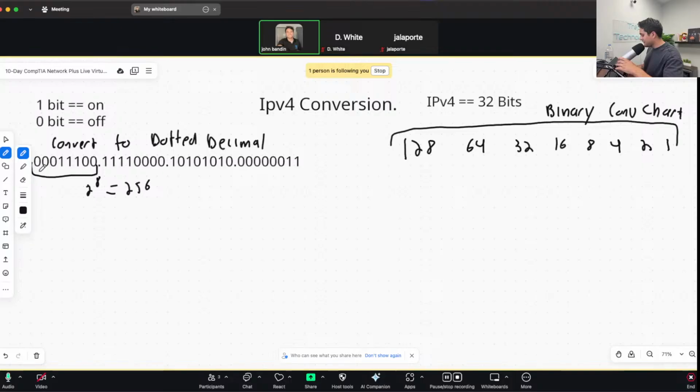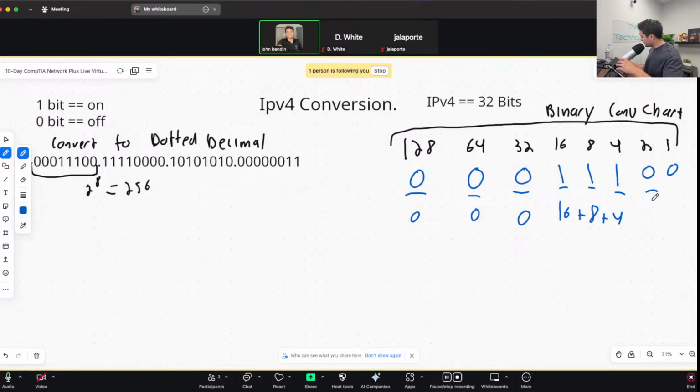Here's how we do it. From left to right, we're going to put our bits underneath here. 0 bit, 0 bit, 0 bit, and 1, 1, 1, 0 bit, 0 bit. Since 0 bits are off, this is going to equal 0. This will equal 0. This equals 0. But 1 bits equal on, which means this is going to be 16, 8, and 4.